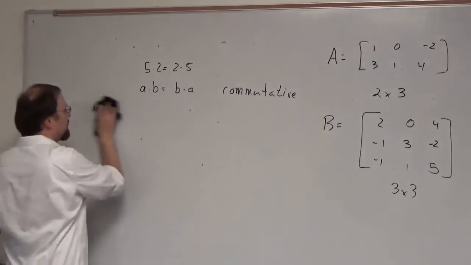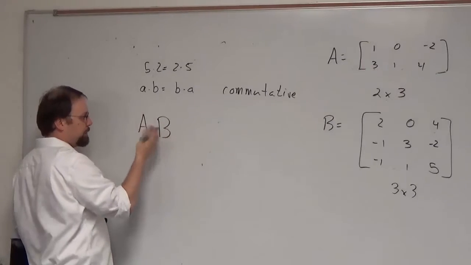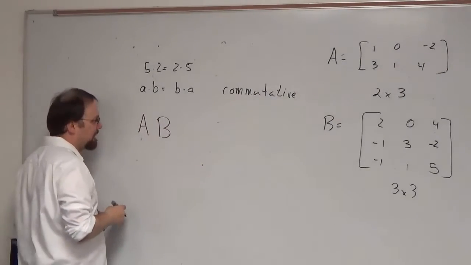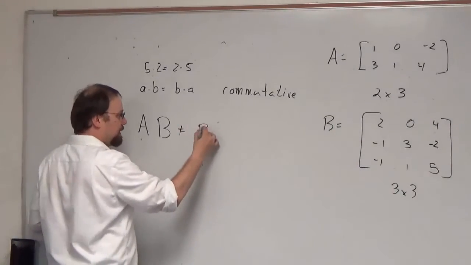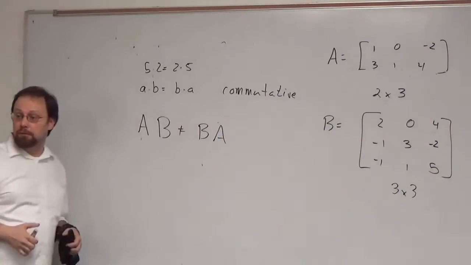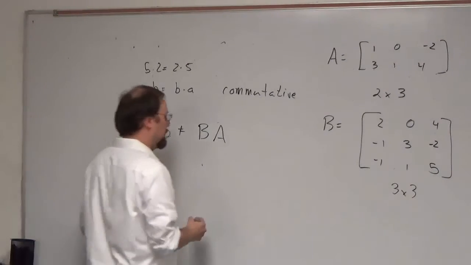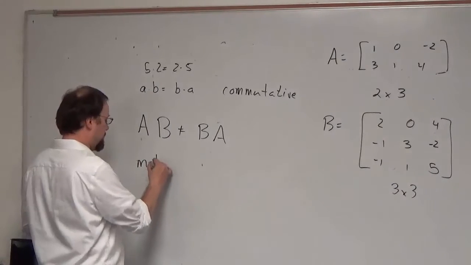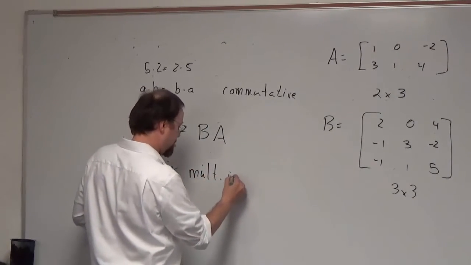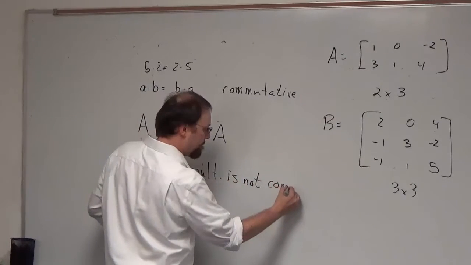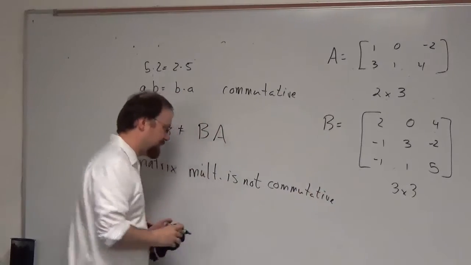But we know that in general, matrix multiplication, these are mathematical objects where we define the multiplication between them, and we can't say in general that AB equals BA. It might for some pairs of matrices, but in general it doesn't hold. So matrix multiplication is not commutative in general.